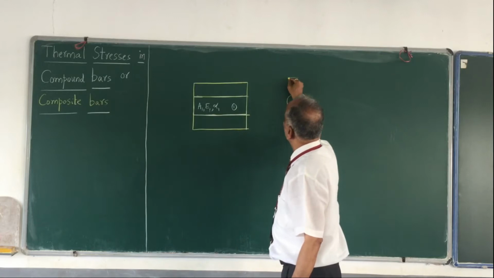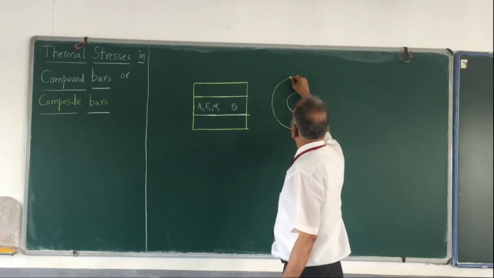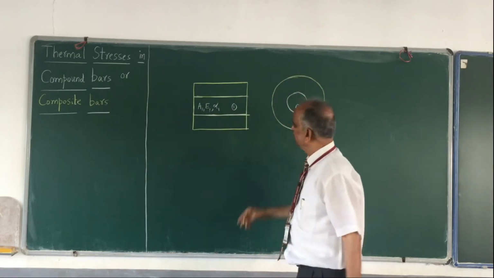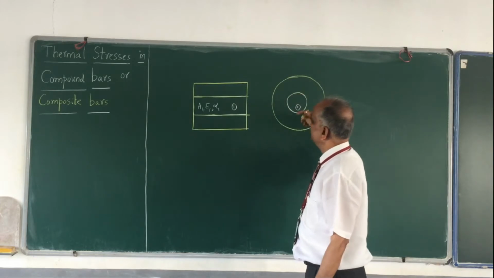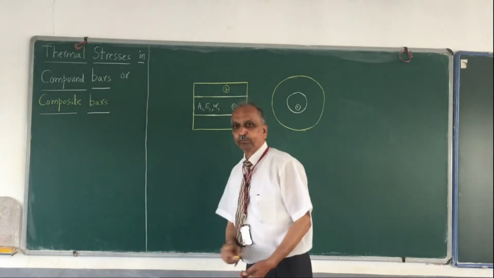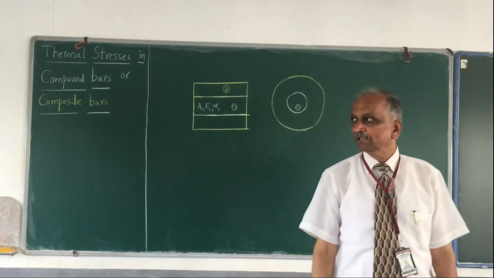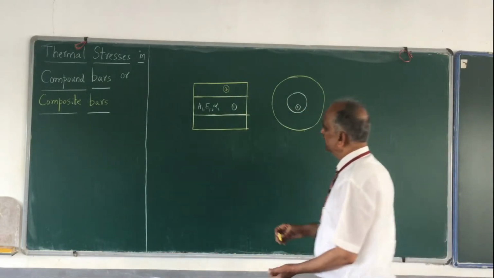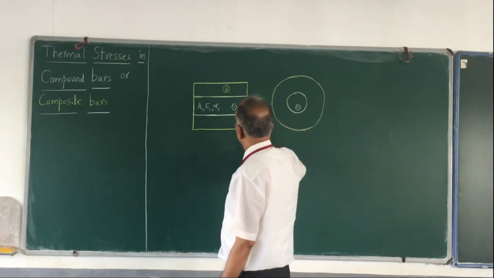You have something like this now. This is the outside diameter, this is the inside diameter. This portion I call number 2. Material number 1, material number 2. Both of them are circular in nature.